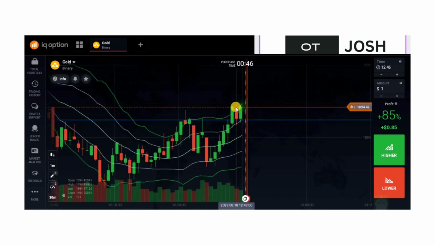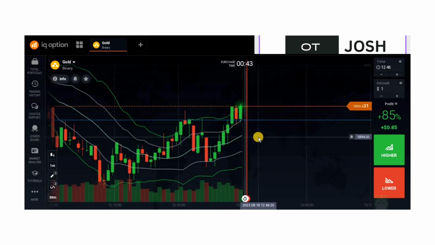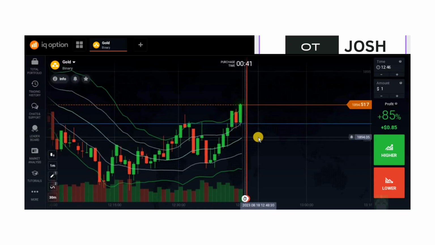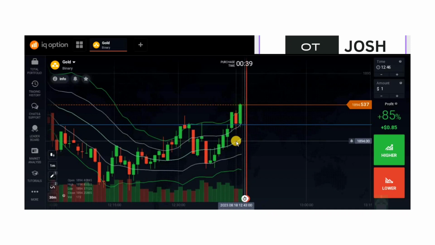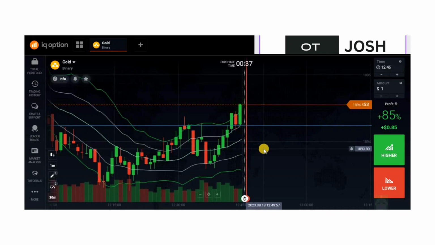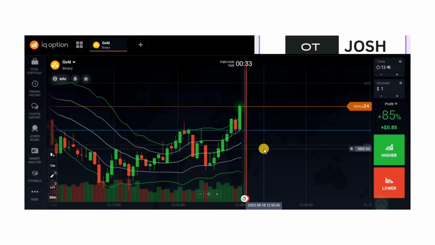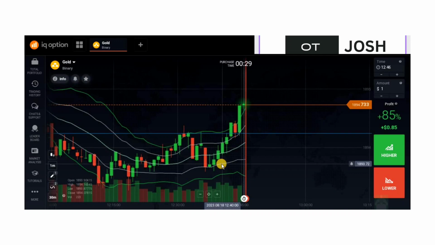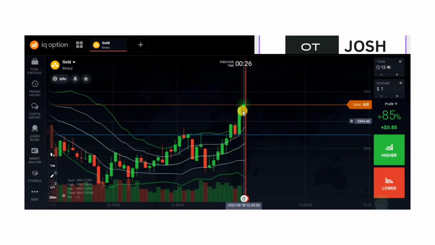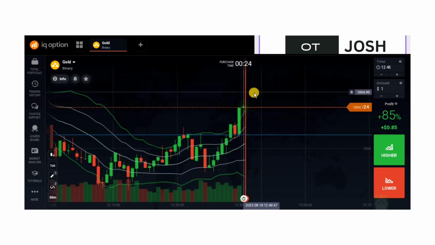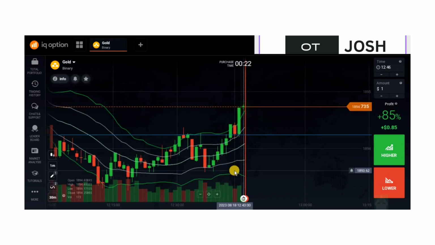You can see selling pressure coming in from this candlestick. Okay, we're seeing buying pressure coming in now. It seems the market will stop going up from here because of the volume.